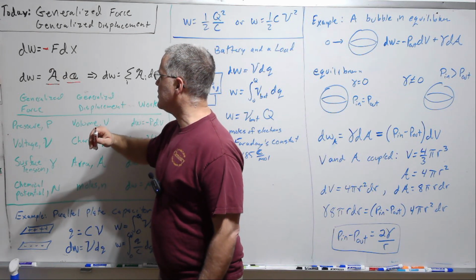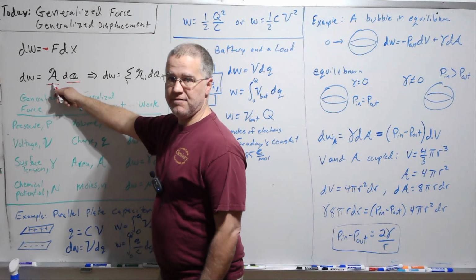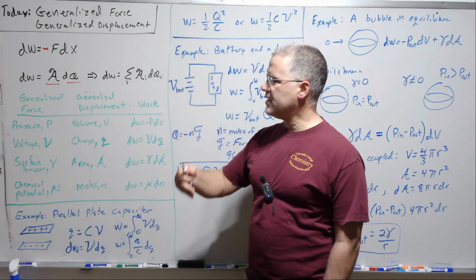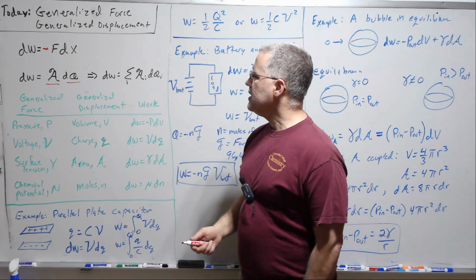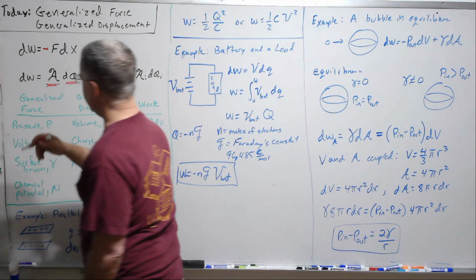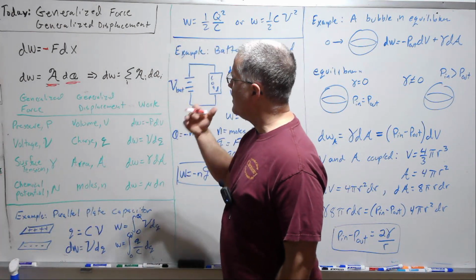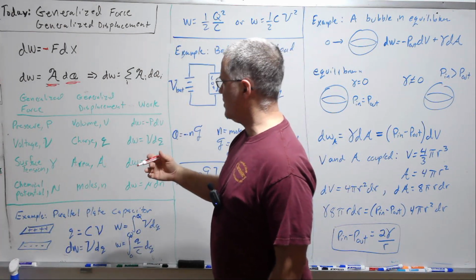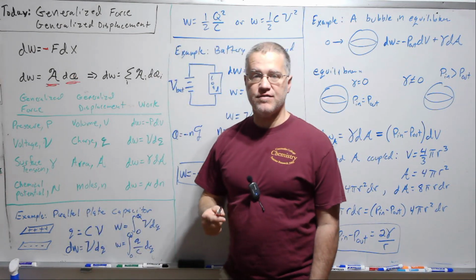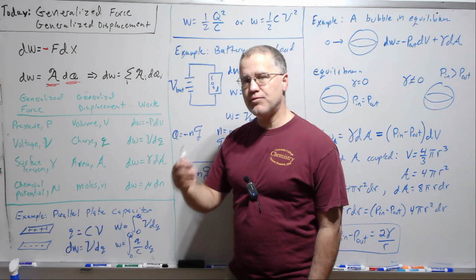This is the generalized displacement. So this could be F, and this could be X. Then that would be the real force and the real displacement. But any combination of these, and I shouldn't maybe say any, but a whole host of combinations of these, such that when multiplied together, they give us units of energy, will represent work.